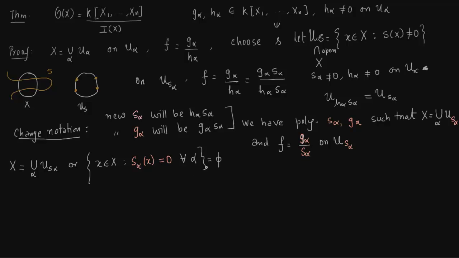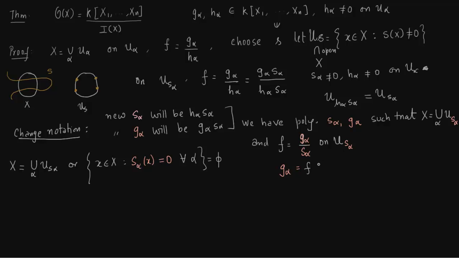Taking the union of those sets where S alpha X does not vanish forms space X. If you take X on this space, what you get is a null set. Now we are just going to rewrite this. So we have two complementary spaces: one where S alpha X vanishes, and one formed precisely by those spaces where S alpha X does not vanish.